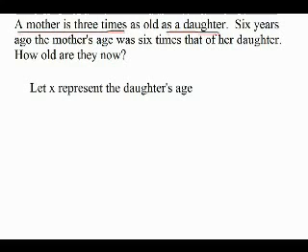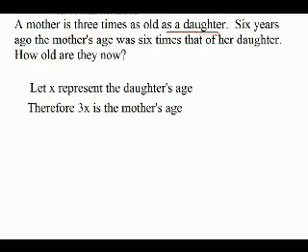So if we knew what the daughter's age was, we would multiply that times 3 and calculate what the mother's age is. So we don't know what the daughter's age is, but we've chosen the daughter's age to be x. Well, what do we have to do to that to calculate the mother's age? We have to multiply it by 3. So we would write something like, therefore, 3 times x, or 3x, represents the mother's age.